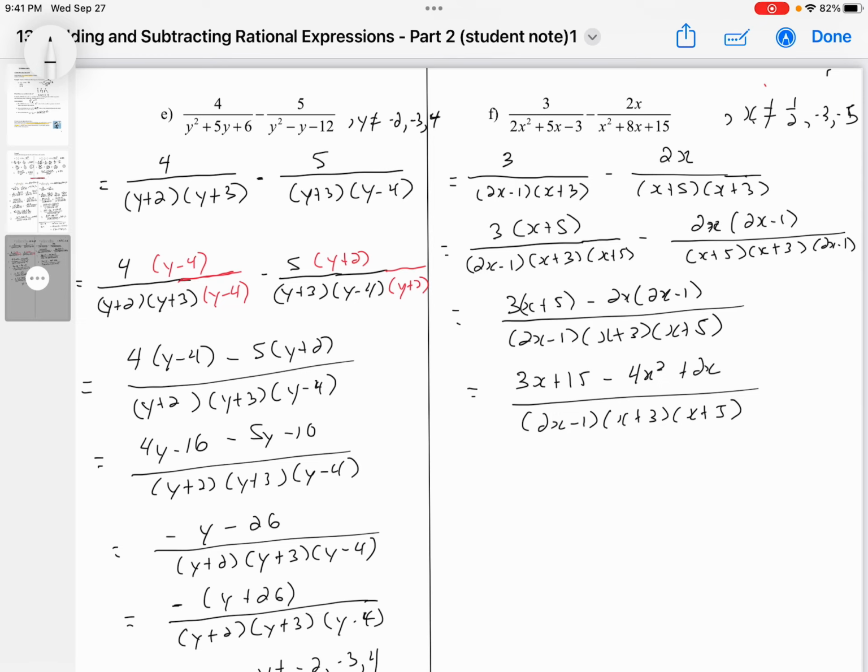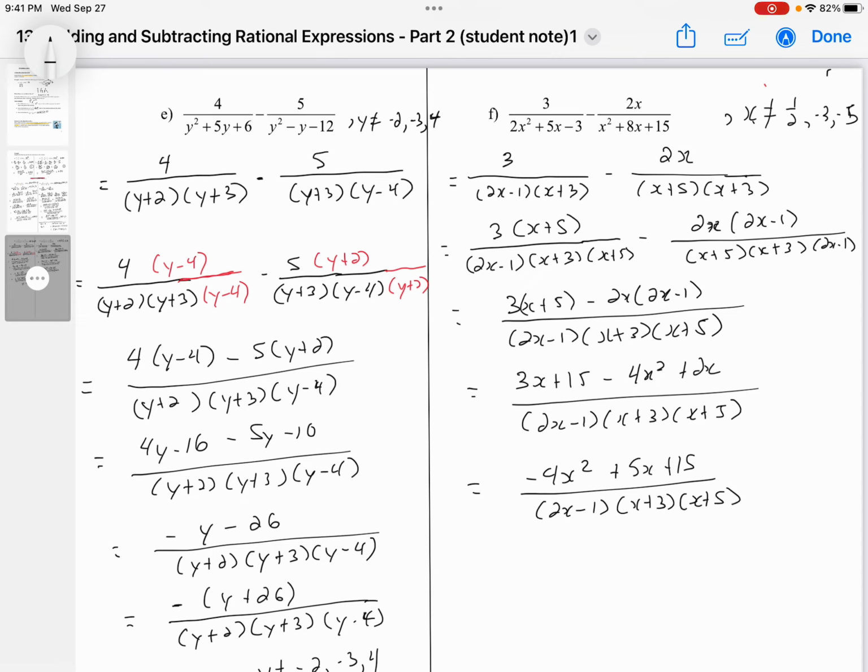Life is good here. Collect up the like terms here. Negative 4x squared plus 5x plus 15 over 2x minus 1, x plus 3, x plus 5.